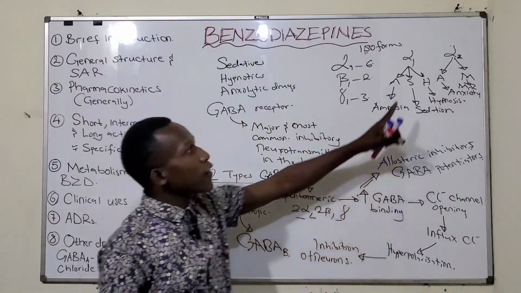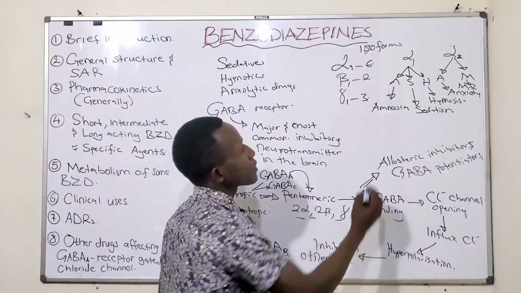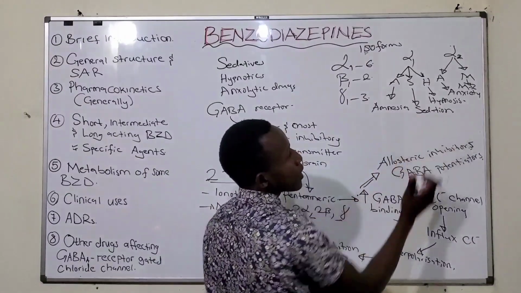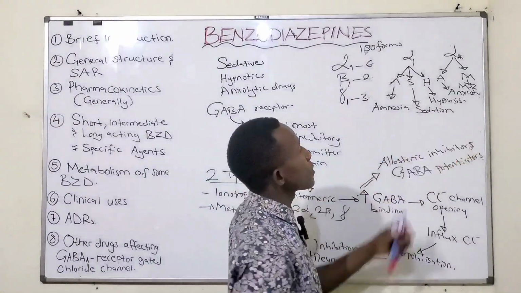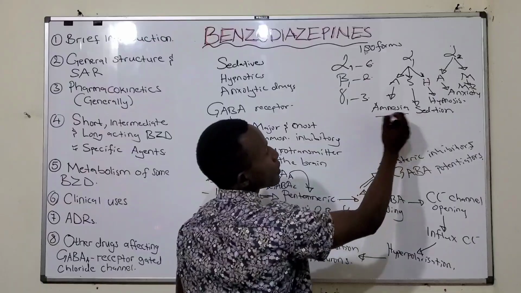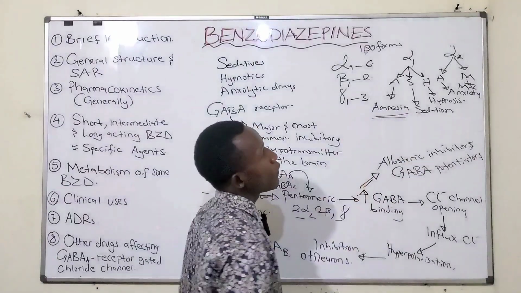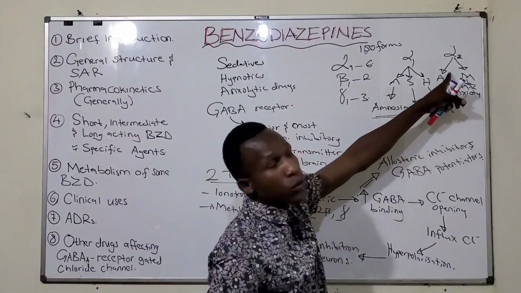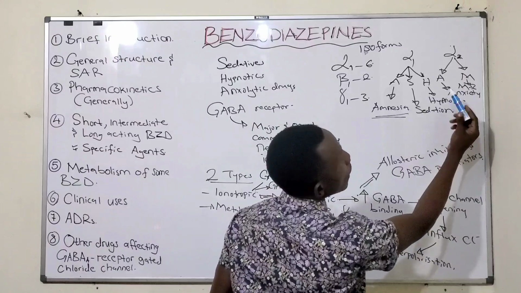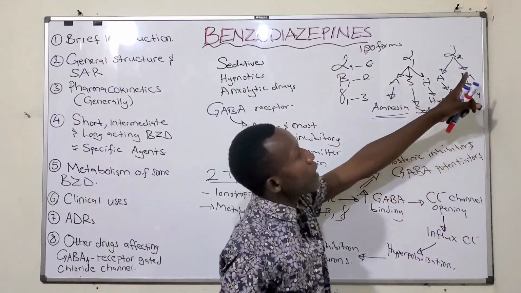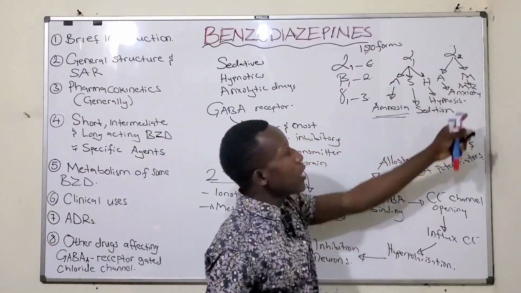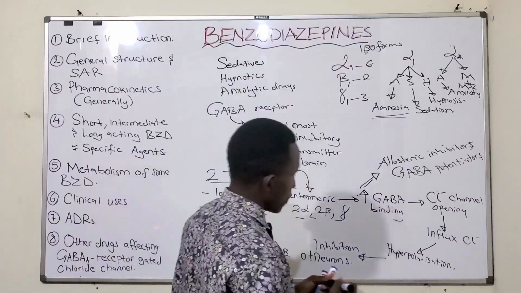If a drug has high affinity for alpha 1, it is marketed as a sedative and hypnotic, and it has a side effect that it can cause amnesia. For those with high affinity for alpha 2, they are marketed as muscle relaxants and anxiolytics.